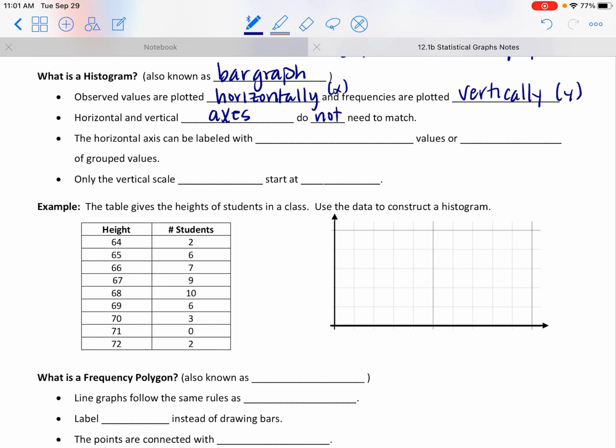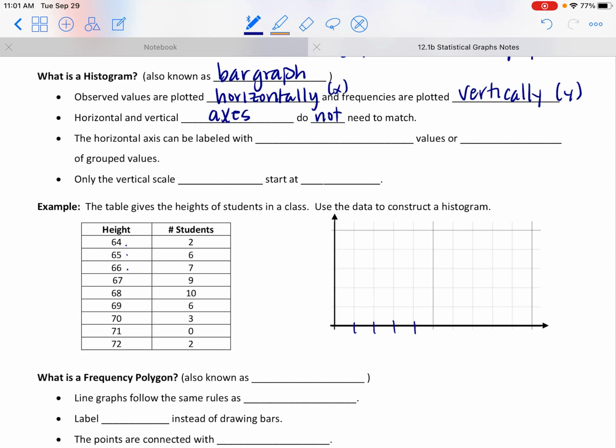And now the horizontal axis, that's our x-axis, can be labeled with single observed values. So here, for example, 64, 65, 66, I can put those singly along my axis. Or if I have a group, and I'm going to show you this when we get to the next type of graph, we have to find the midpoint of the group.